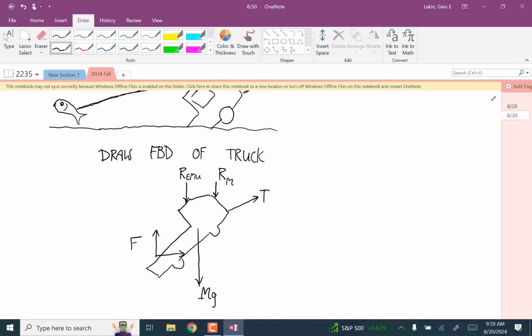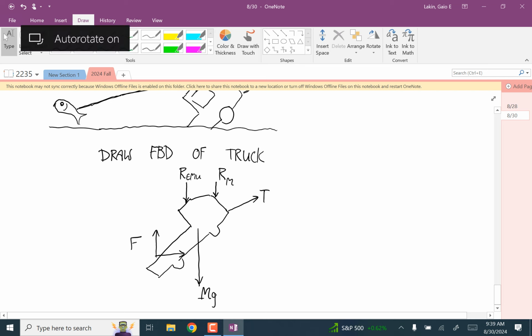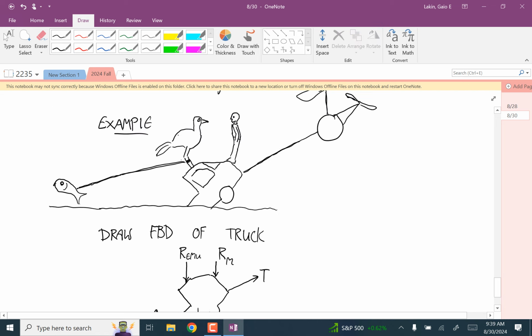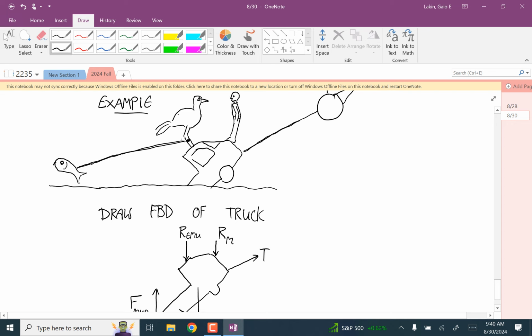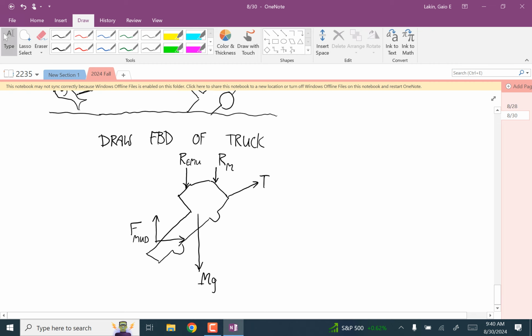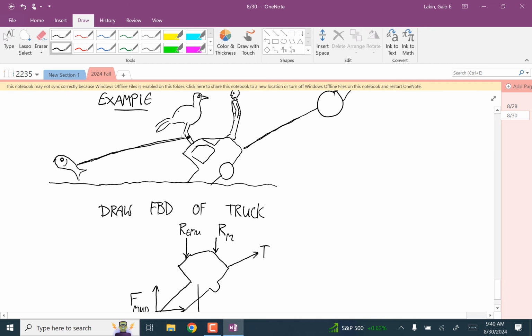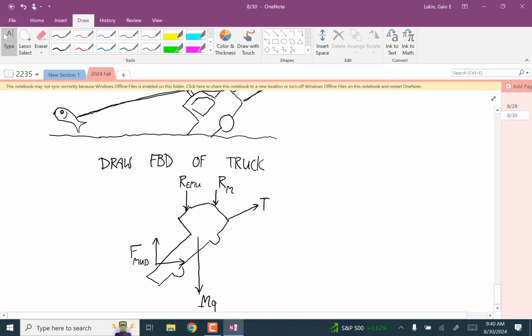Okay, so there's no reference to the helicopter, and no reference to this fish, because your only job in a free body diagram is to find the points of contact with the surroundings and represent those. Clearly those things influence what's going on in the problem, though.